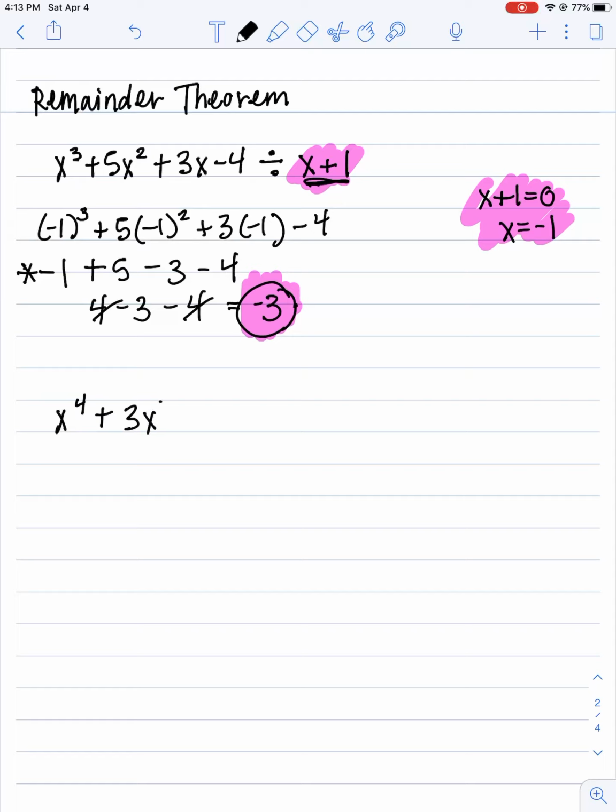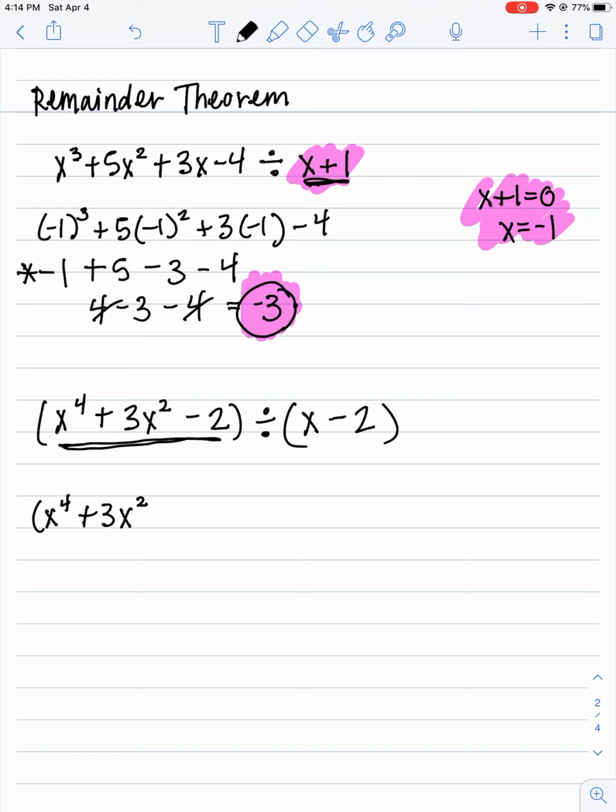If I ask you to divide x to the 4th plus 3x squared minus 2 divided by x minus 2, okay? So I'm dividing this polynomial by this polynomial. What I need you to recognize is that there is a missing piece over here.